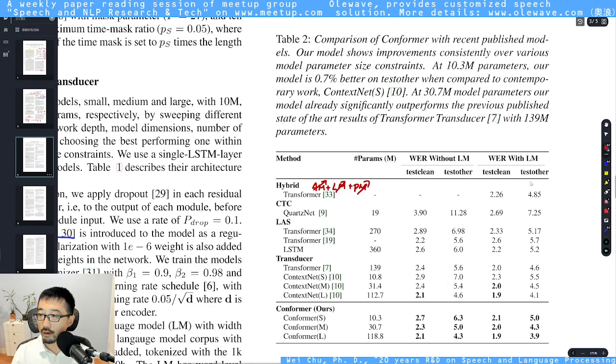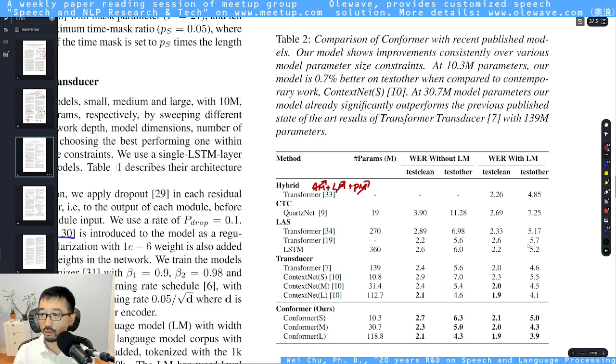And the testother, they got 4.8. But this one doesn't work very well. Quasnet, I don't even remember who did the Quasnet. But the LAS system, this is a standard transformer. These are implemented by 2 different groups. And you can see this guy can do 2.2, fairly good.